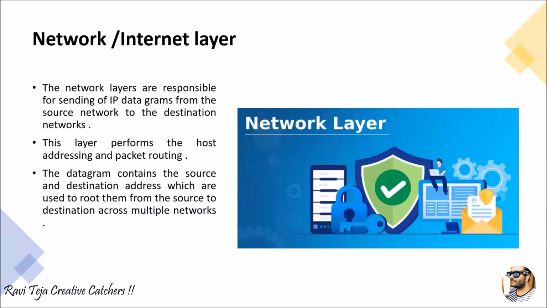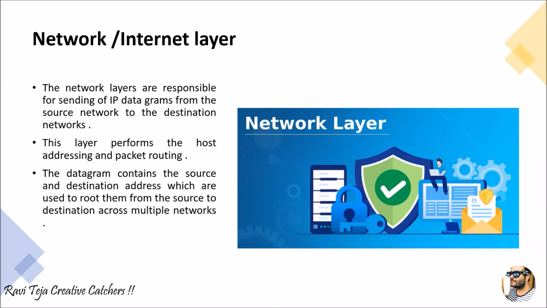Now coming to the network layer, or internet layer. The network or internet layers are responsible for sending IP datagrams. Each and every process happening in the internet or network layers is with the help of an IP address.